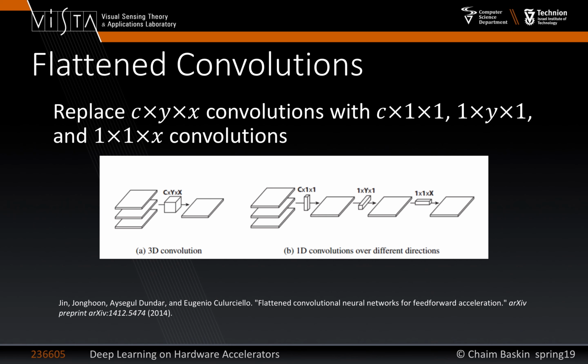Then we apply the convolutions in the y direction, and then apply convolutions in the x direction. This way we get our 3D feature map only by dividing and doing our convolutions separately.